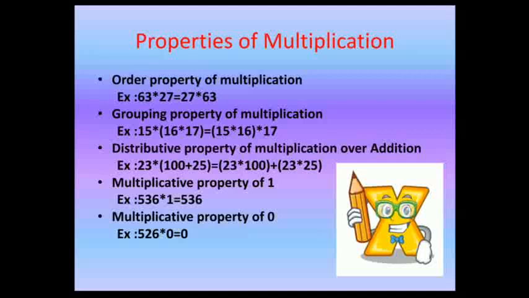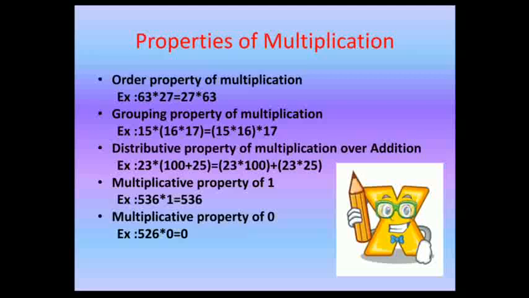It means if you change the grouping, the answer remains the same. For example, 15 multiplied by (16 multiplied by 7) is equal to (15 multiplied by 16) multiplied by 7. See, in the brackets the grouping is different but the answer remains the same.